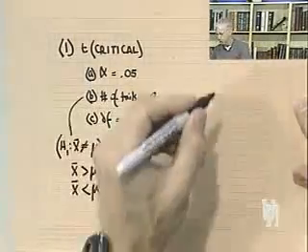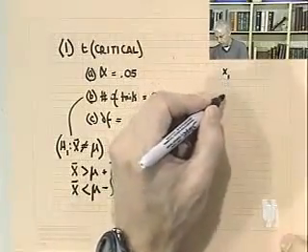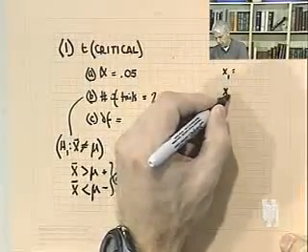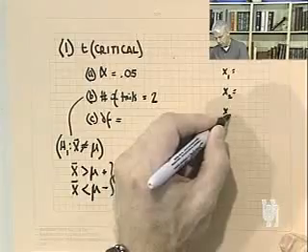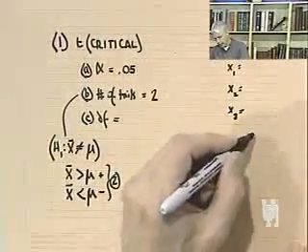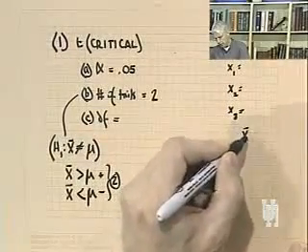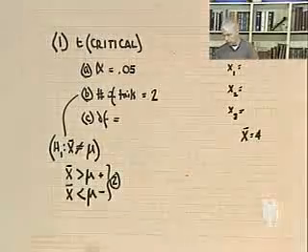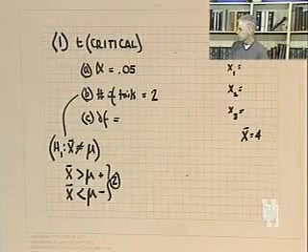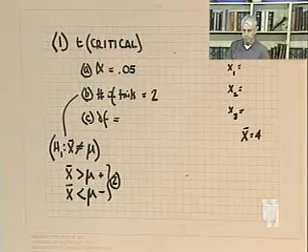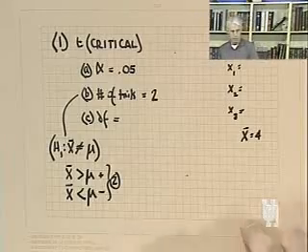Let's assume we have three scores, x1, x2, and x3. And suppose I tell you that the mean of those three scores is 4. Can you tell me what the three scores are? The correct answer here is no.